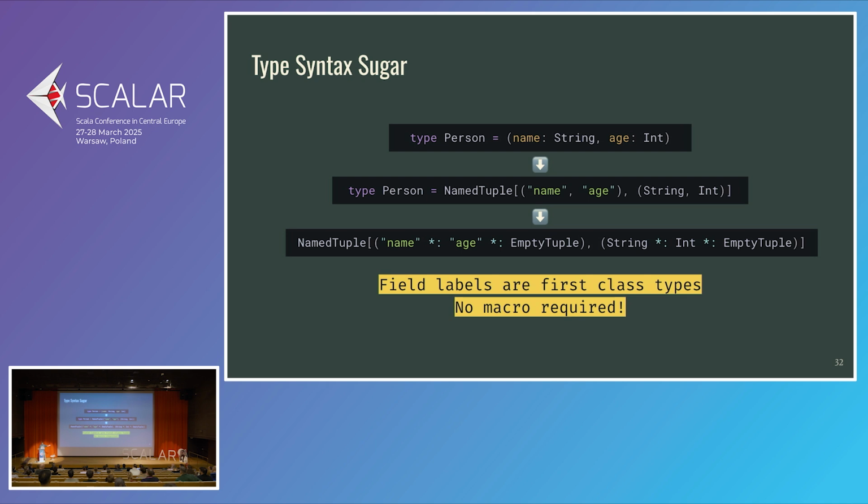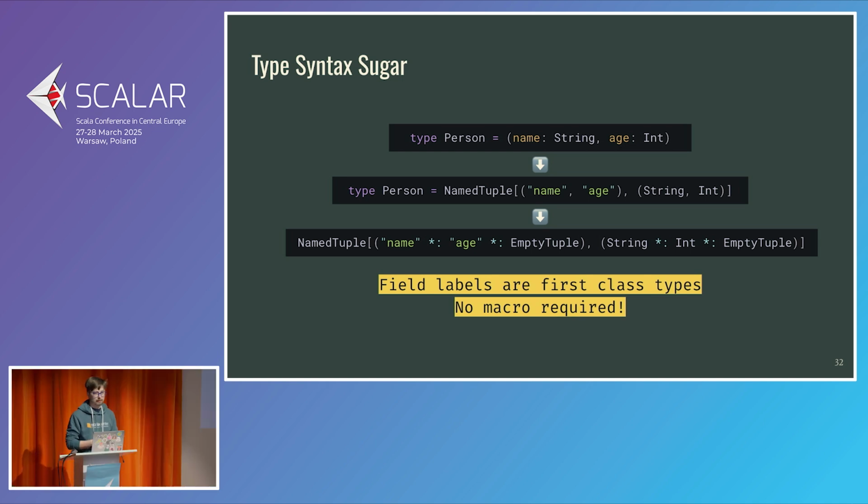And this further desugars into generic tuple types. So on the left, we actually have like a compile time list of the name literal type, age literal string type, and empty tuple. And basically, because we have these first class types, that means that you can construct freely NamedTuple types any way you want without the use of macros.